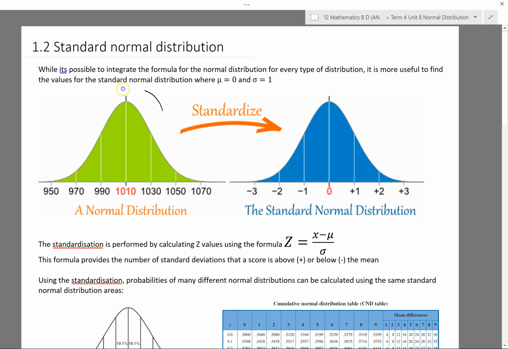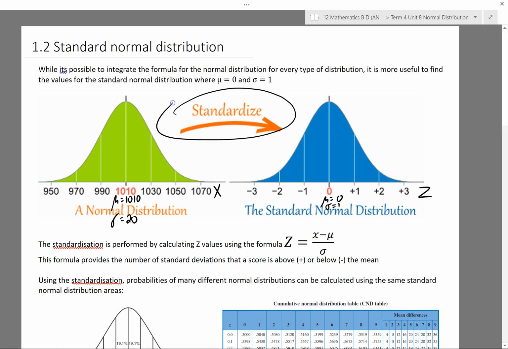I've got a normal distribution here where my mean is 1010 and it looks like my standard deviation is 20. These are x values. It's useful for us to convert those x values to z values where the mean is 0 and the standard deviation is 1.